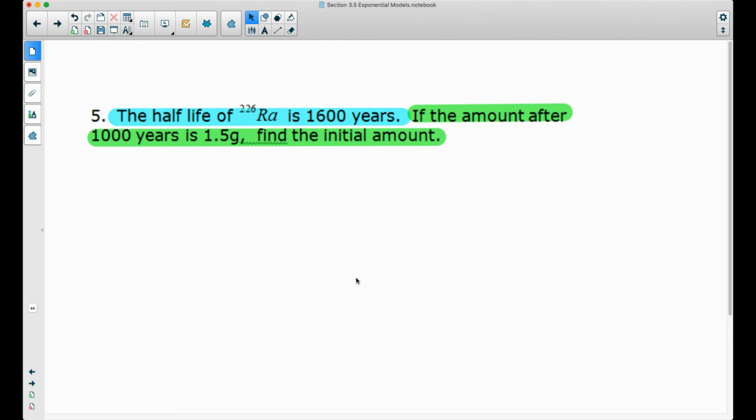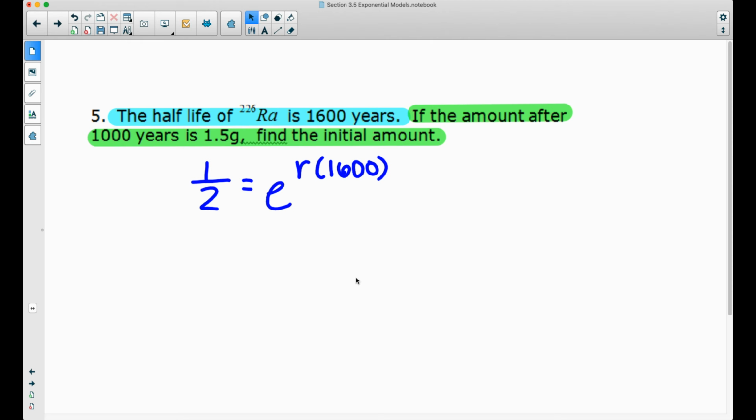So if I set up the first part, and then if I look at the second part of the question, at the amount after 1,000 years, notice how those are two different times.